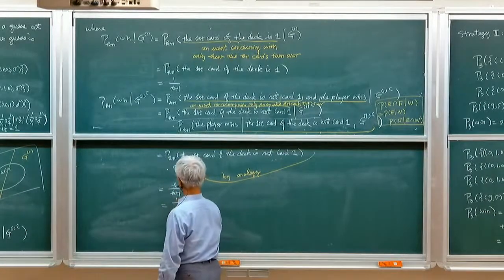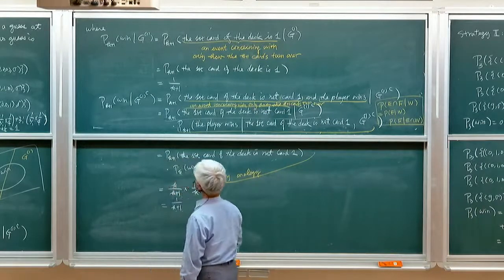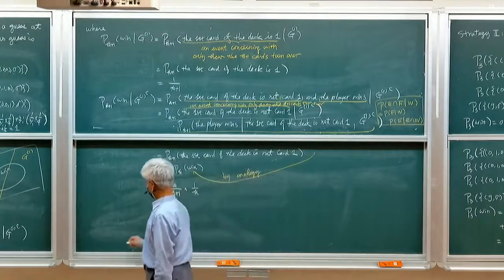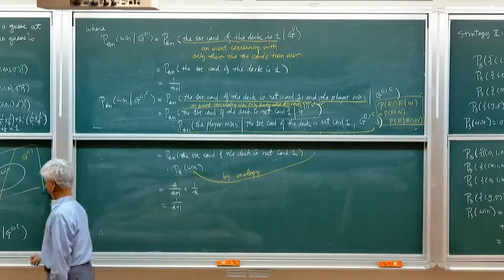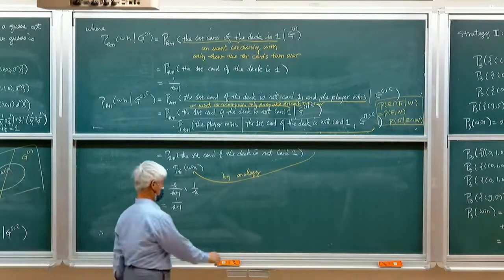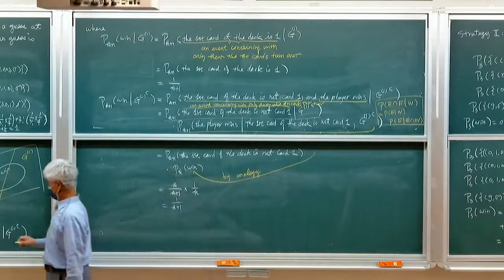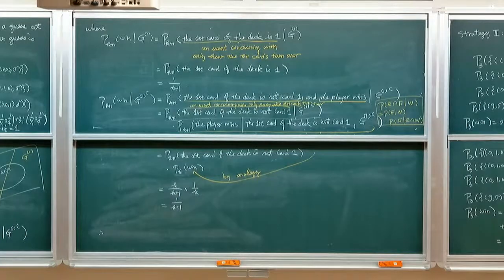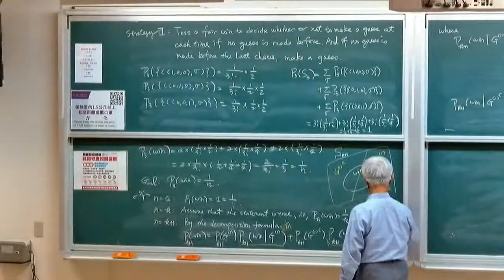So that is 1 over k plus 1. All right, finally, we have shown that this probability is equal to 1 over k plus 1. And this probability is also equal to 1 over k plus 1.